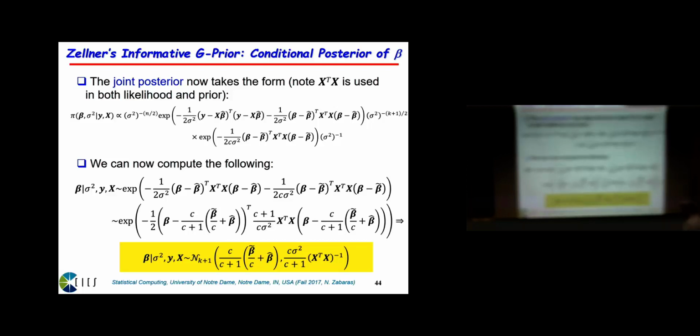Okay, so in some sense, we will see later on, putting different values in C will be equivalent to a certain percentage of the information you get from your training data.